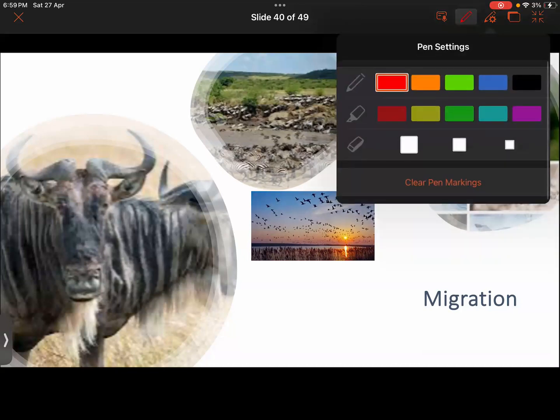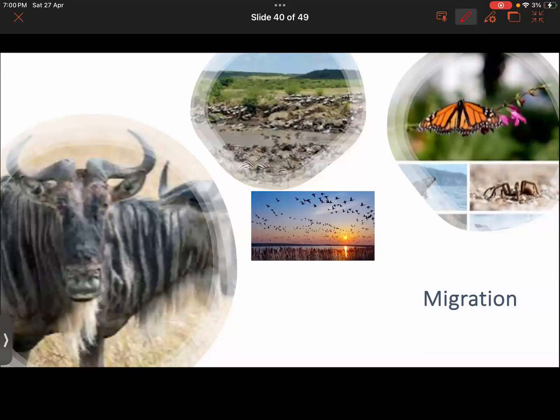Talking about migration, what is migration basically? The common term is that people also migrate from one place to another in search of a better life, better work, better employment, a better job. Getting it now? So in the case of animals, it is the process of moving from one place to another according to the season.